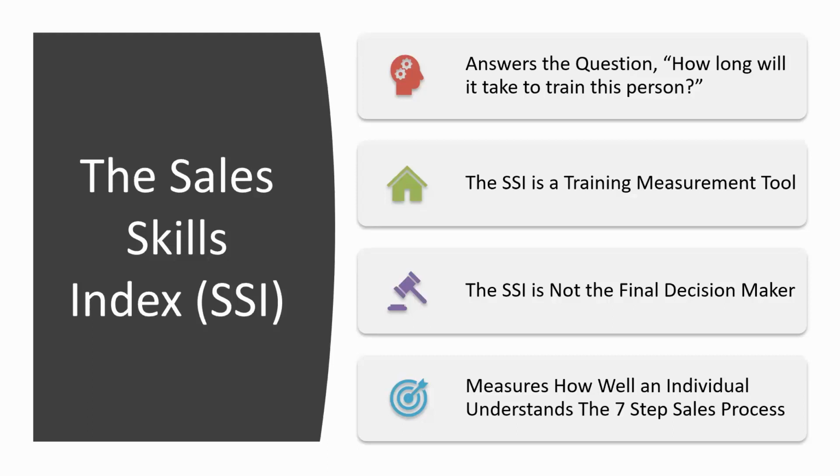While we normally apply DISC behavioral assessments and motivators assessments to every member of our team, especially during the hiring process and during team building and high performance exercises, the Sales Skills Index is reserved only for those folks that are responsible for any portion of the sales process.